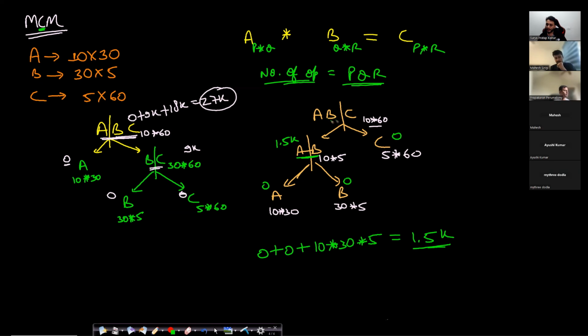Now, if you look at the previous solution, what is the cost to make ABC? Cost to make ABC is cost to make AB, which is 1.5K, cost to make C, that is 0, plus the cost to multiply AB with C. So that will be 10 into 5 into 60. And if you calculate this, after adding this, 4.5K is the cost.